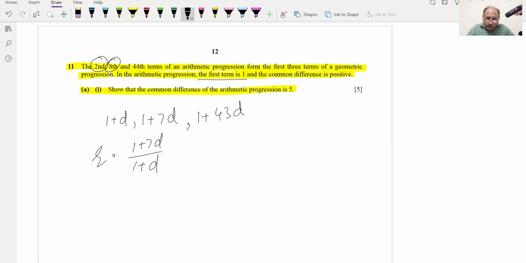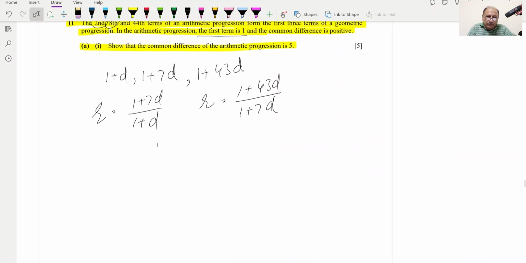We can write the r value for the second and the third term as 1 plus 43d over 1 plus 7d, and both are equal to r, so we can equate them. If we equate them, we get 1 plus 7d over 1 plus d equal to 1 plus 43d over 1 plus 7d.